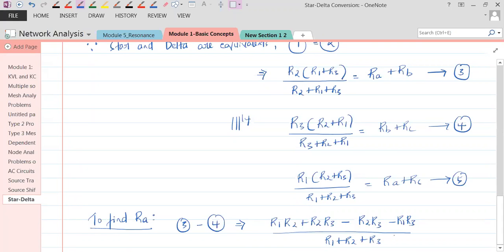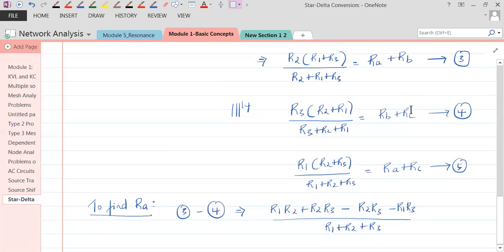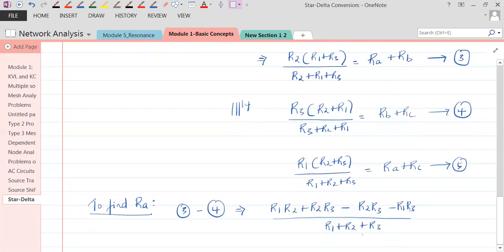Taking the LCM, I've done that. For both, the LCM is the same, so the denominator is the same. On the right hand side, you would have RA plus RB minus RB minus RC. If you do 3 minus 4 on the right hand side, you'll be left with RA minus RC.